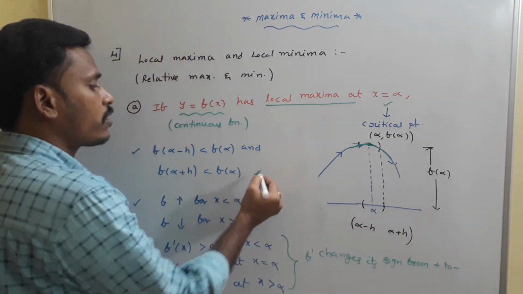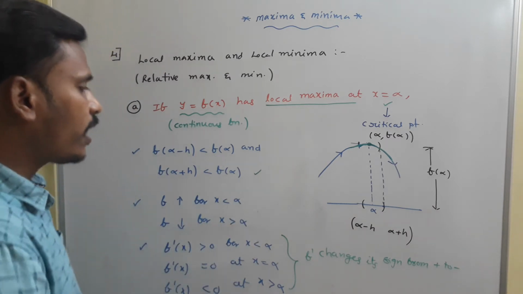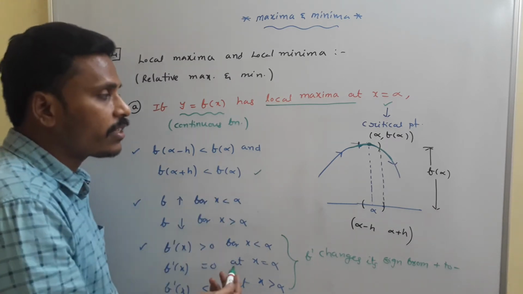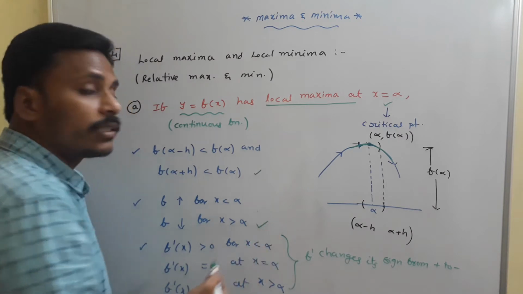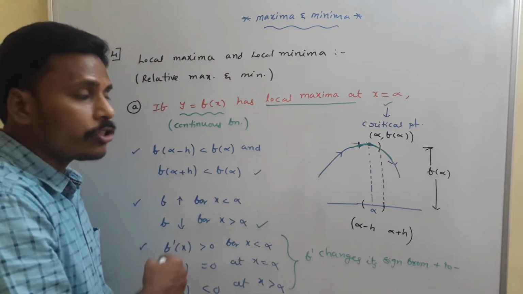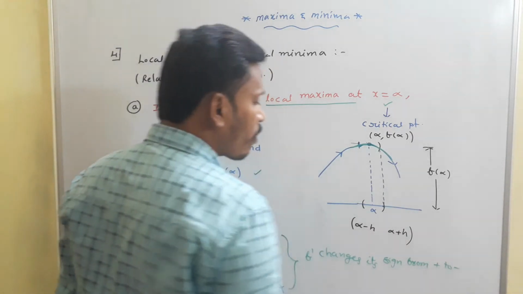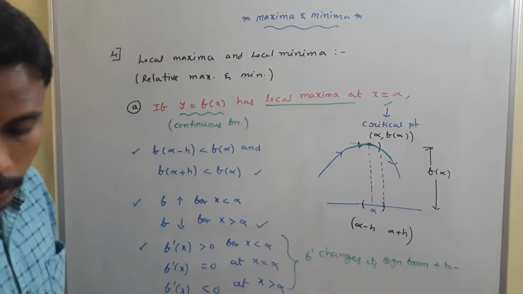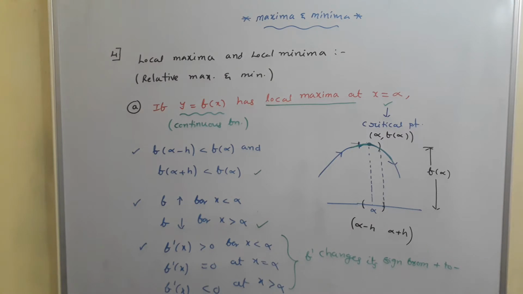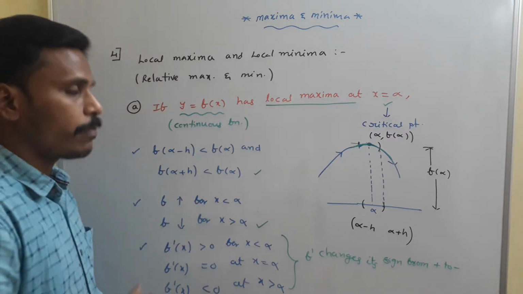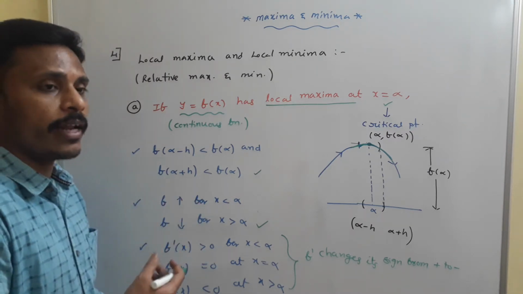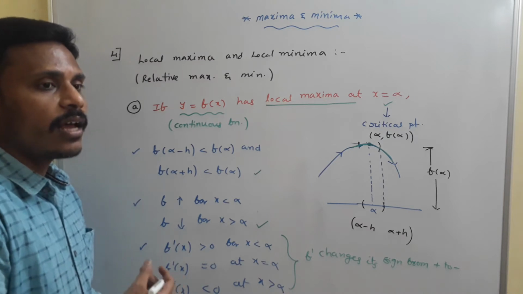So this is the first condition. And the second condition, left side increasing, right side decreasing. And third condition, derivative here positive and there negative. From there we conclude that f dash changes its sign from positive to negative. Just have a look. And these are the conditions related to the local maxima. If a function has local maxima at x equals alpha, these are the conditions.